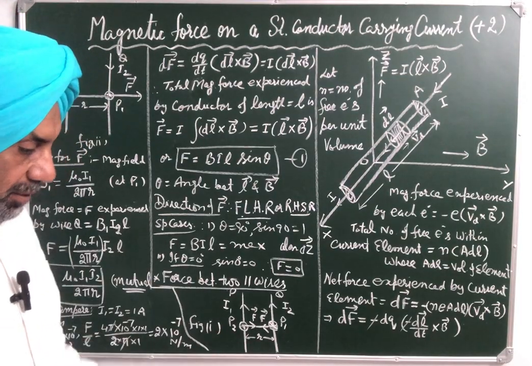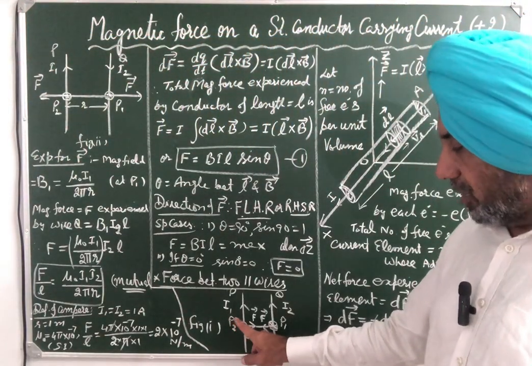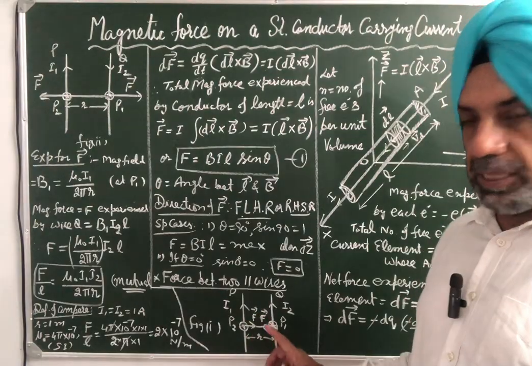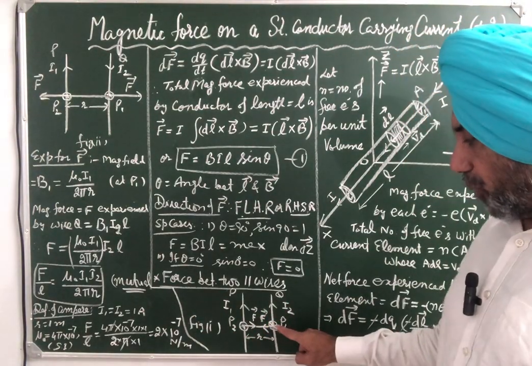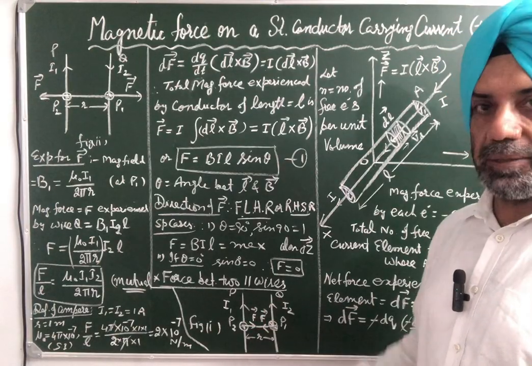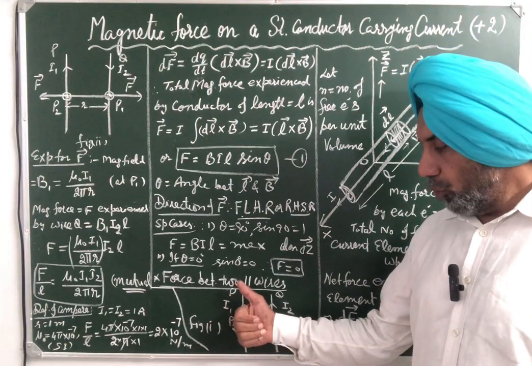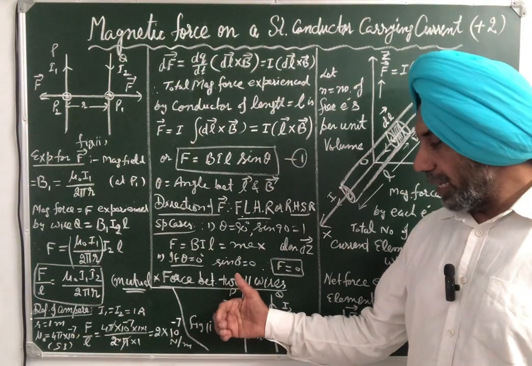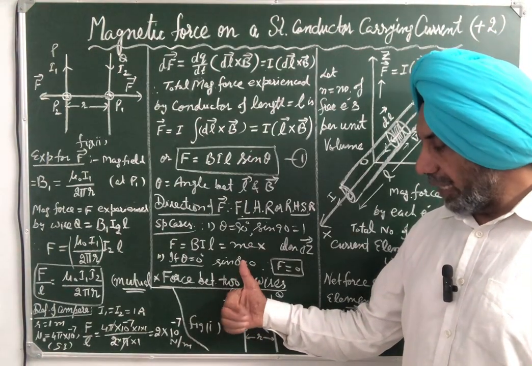Now each wire will produce a magnetic field around it. Suppose P1 is the point lying on wire Q, and P2 the point lying on wire P. Then the magnetic field due to wire P carrying current I1 will be like this.